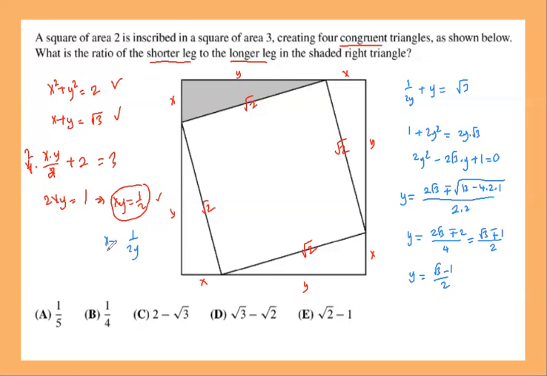So x was equal to 1 over 2y, and 2 times y is this number over 2, so these cancel. So x is 1 over square root of 3 minus 1, or I can just write negative 1 over 1 minus root 3. The reason I did this is that I'm going to multiply the denominator by its conjugate, which is 1 plus root 3, and multiply the numerator as well.